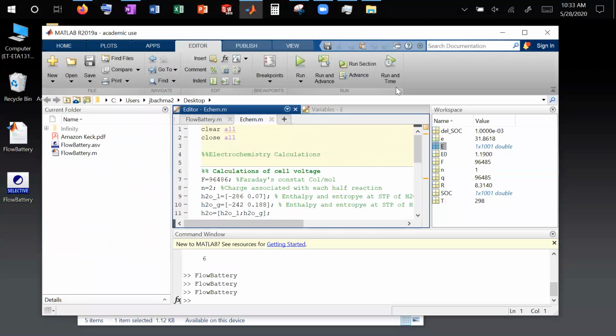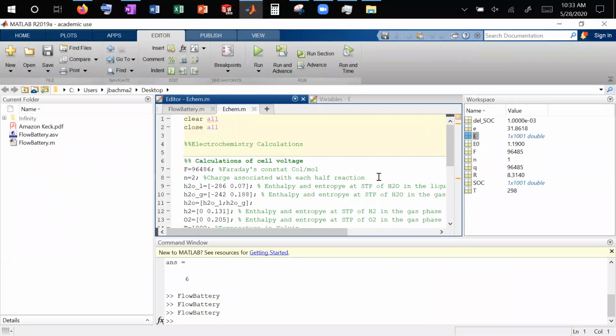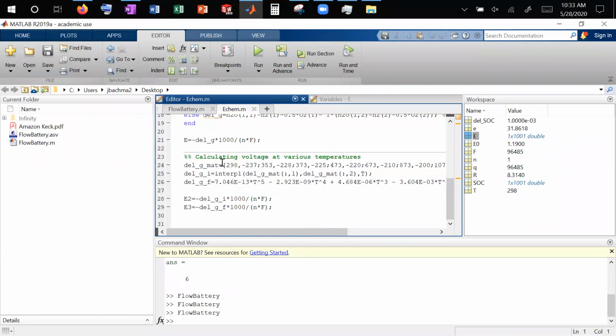So yesterday we were working on an iron chrome system, but last time we were working a lot more on the fuel cell. So this is E3 in my code, the one with the curve fit.